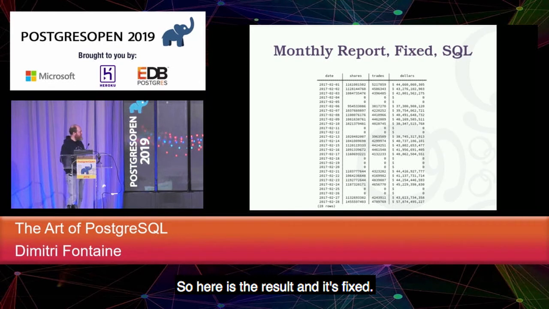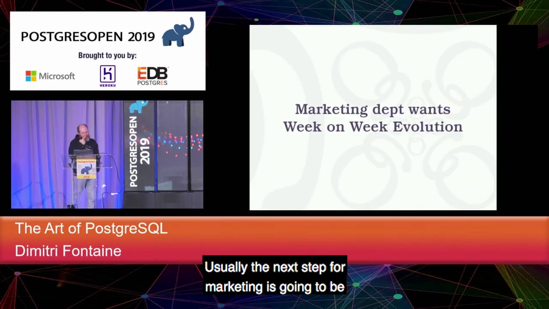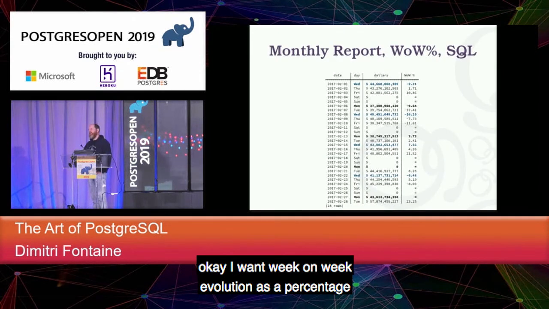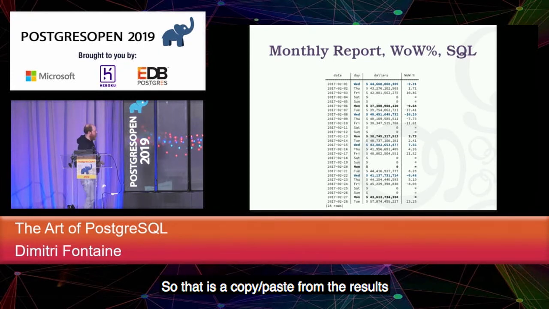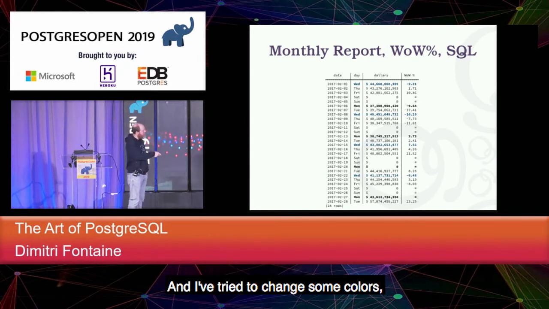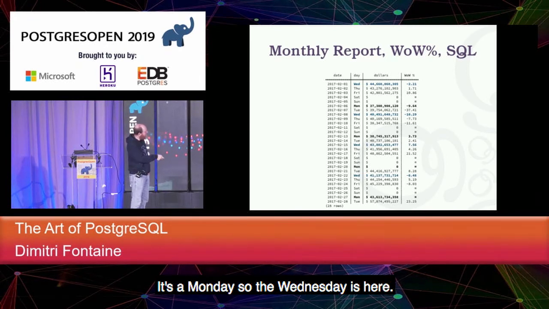And so here is the result, and it's fixed. And usually the next step for marketing is going to be, OK, I want like week-on-week evolution as a percentage in the same result set. So that is a copy-paste from the result, because it's easier to explain it that way. And I've tried to change some colors. There is a color code. So basically, you want from this Wednesday, I think it's a Wednesday, it's a Monday, so the Wednesday is here.